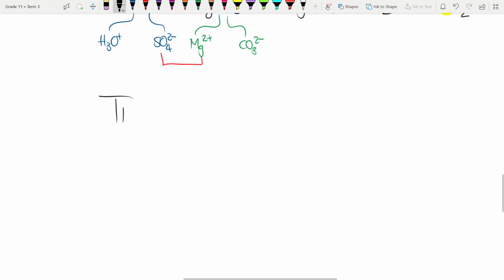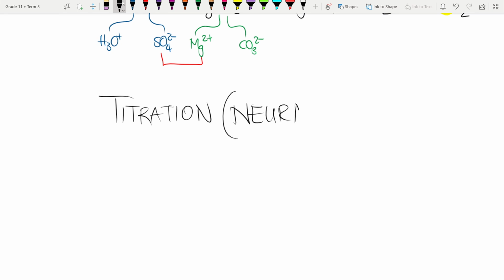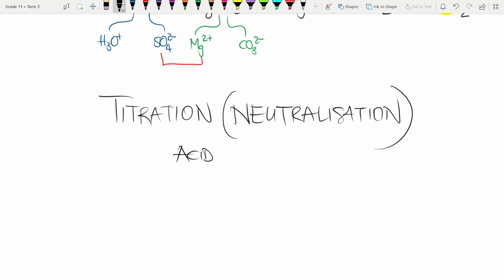When you get to what we call titration, you are basically having what we call a neutralization reaction. In other words, you have an acid-base reaction, acid plus base.